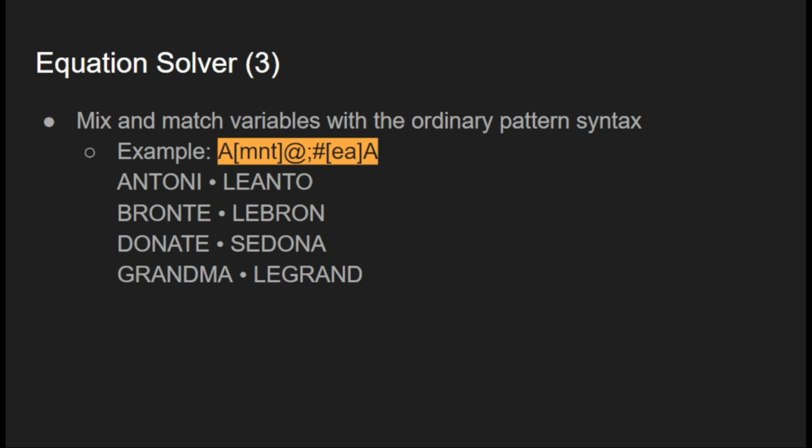So let's look at this first example specifically. We have Anthony. So in this case, the capital A is ANTO, followed by the letter N, followed by a vowel. And then in the second one, we have the ANTO at the end, and at the beginning, we have a consonant and the letters E or A. I have a couple more examples down here that you're welcome to go through, but you could see how this could be a pretty powerful thing to use if you wanted to.